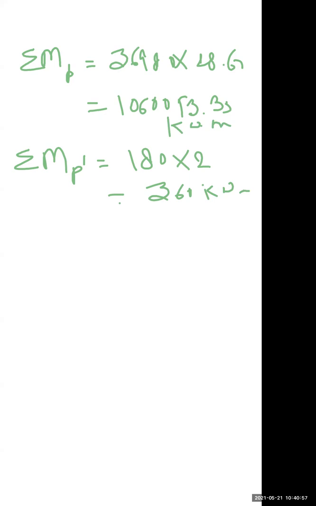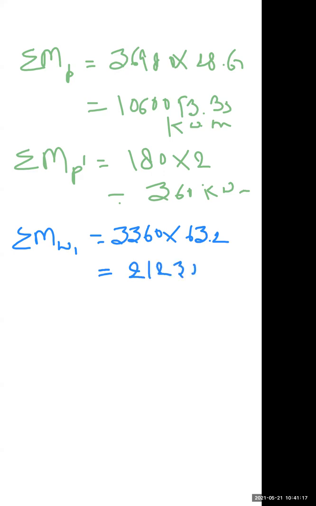Okay. Next is the moment due to W1. What is the value for force W1? That is 3360 and lever arm is 36.2. This value gives 212352. Please cross check every value. Please cross check every calculation.